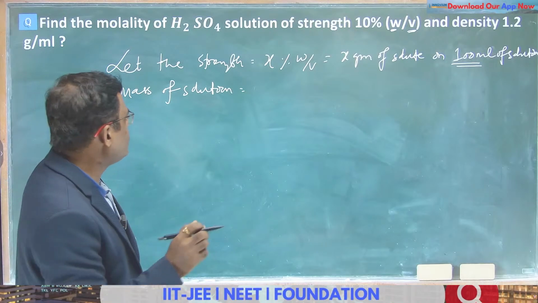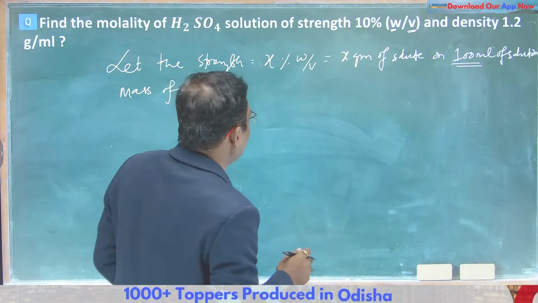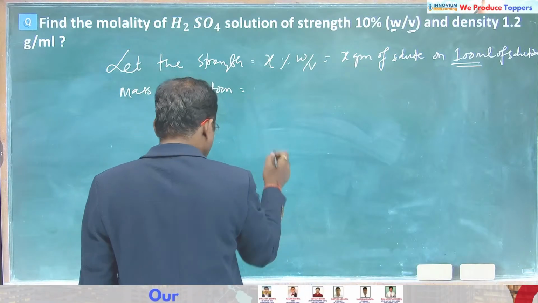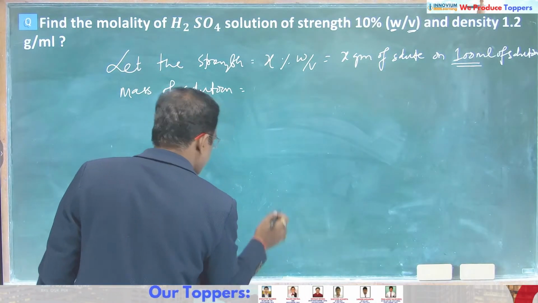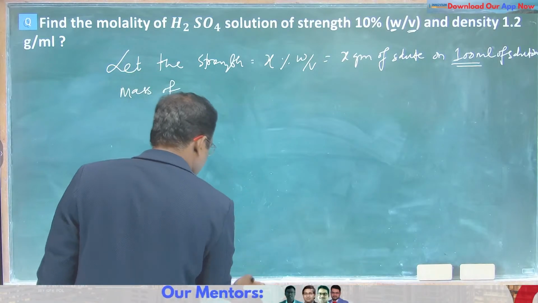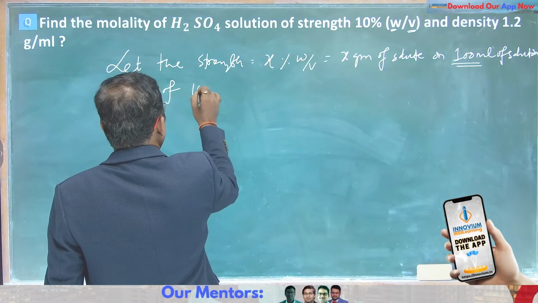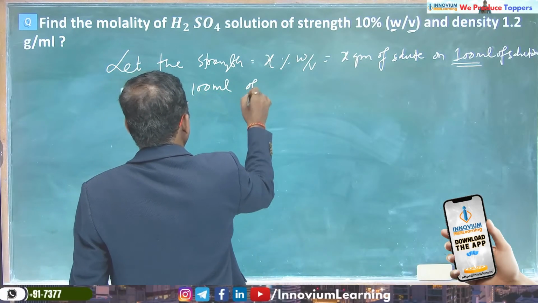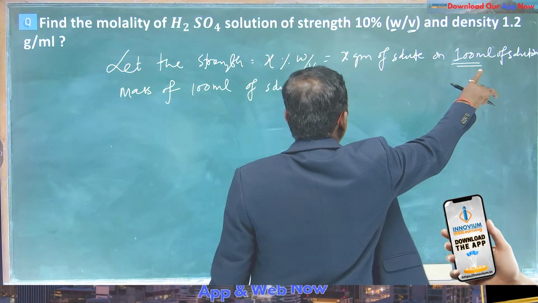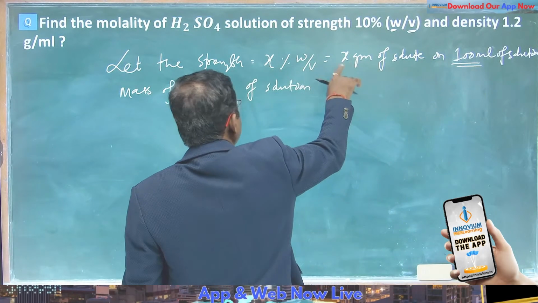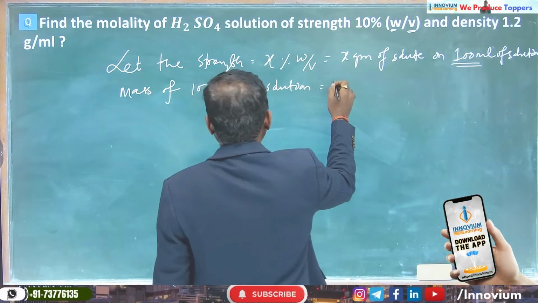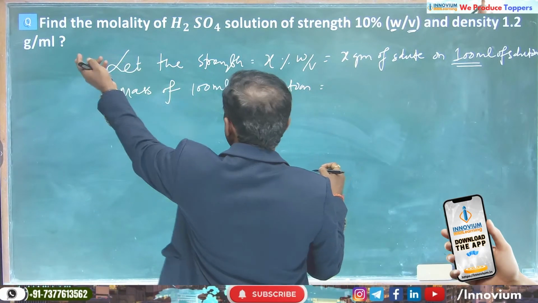So the mass of that 100 ml of solution, why 100 ml? Because I have taken 100 ml of solution in which x gram of solute is present, is equal to what? Volume into density, because density is given.